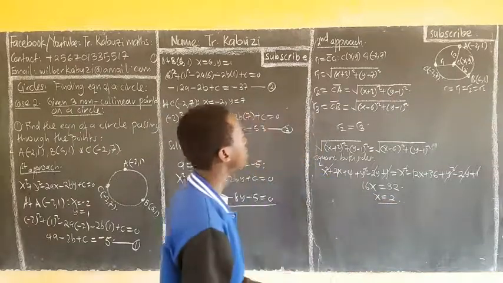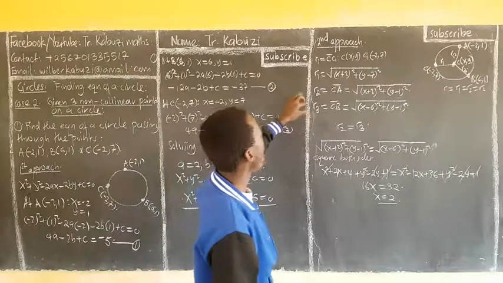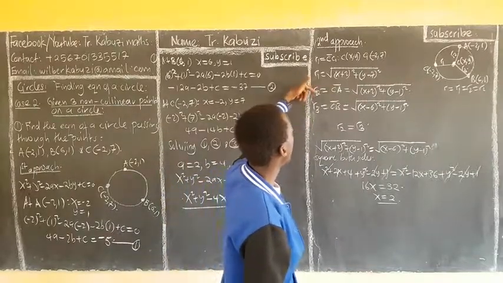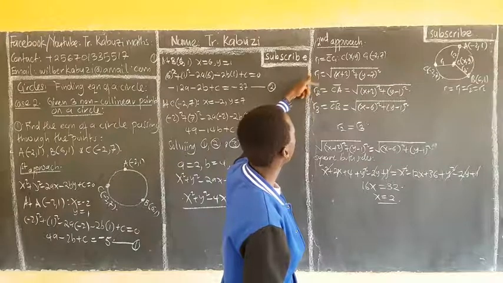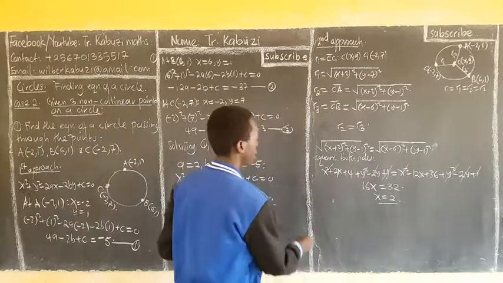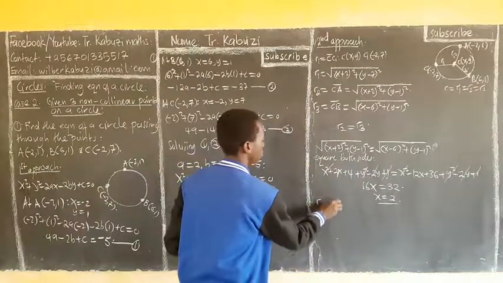So if my x is 2, I still use the idea that R1 is equal to R2. So R1 is equal to R2.